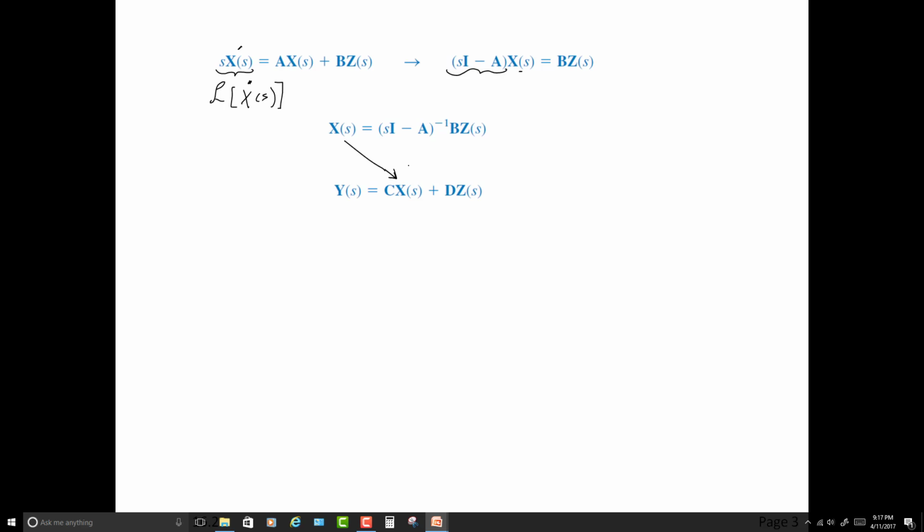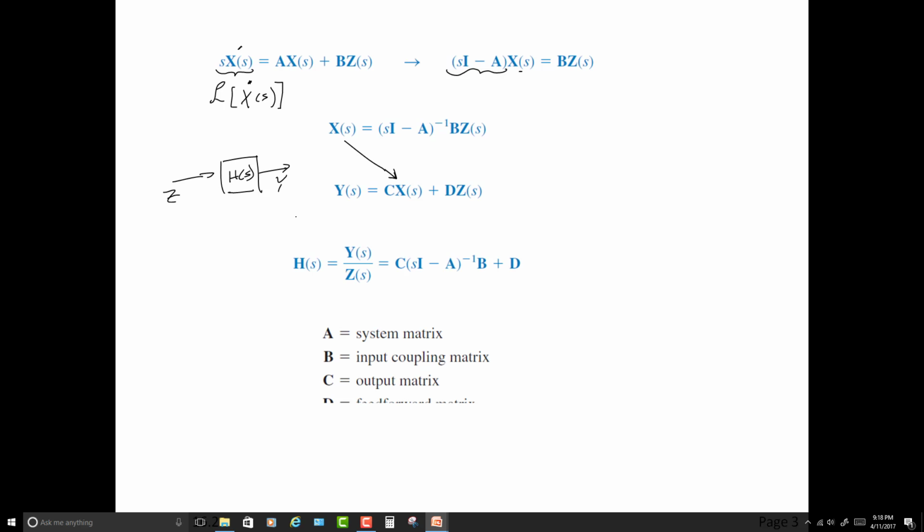All right, so now what about a transfer function? Now we're into a place where if we go back to our big old box, we want to know what's the transfer function of this thing, even though we have state variables inside. All right, now we just remember we had a name change here, so z on the input, y on the output. All right, and H of s then is just the ratio of those two.